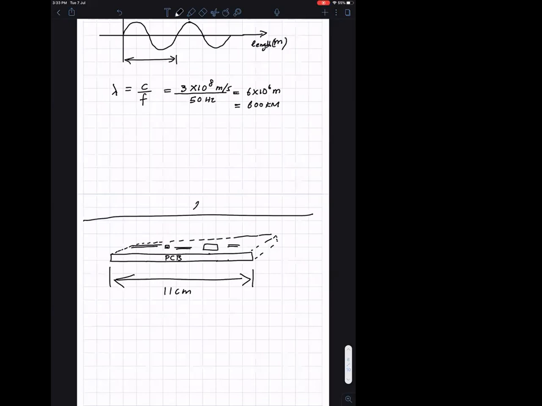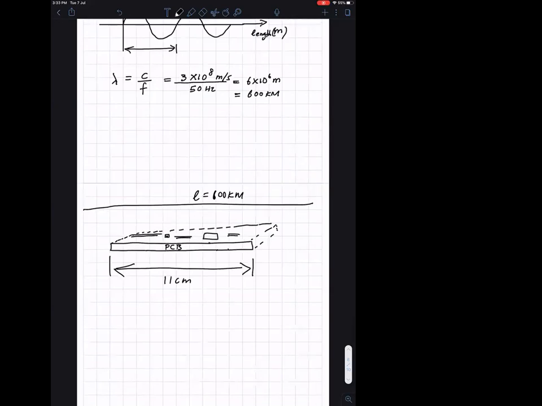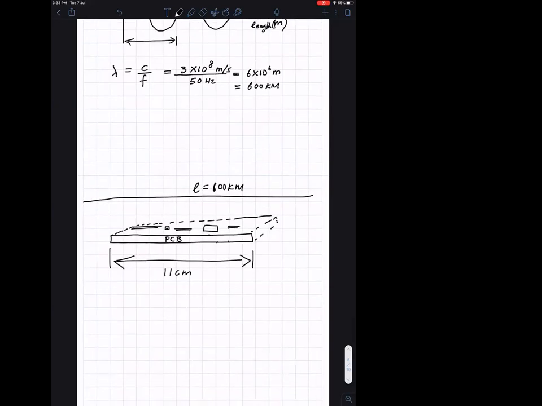This is the wavelength, extremely long, 600 kilometers. So the wavelength is very much bigger. Let me call this lambda at 50 hertz.